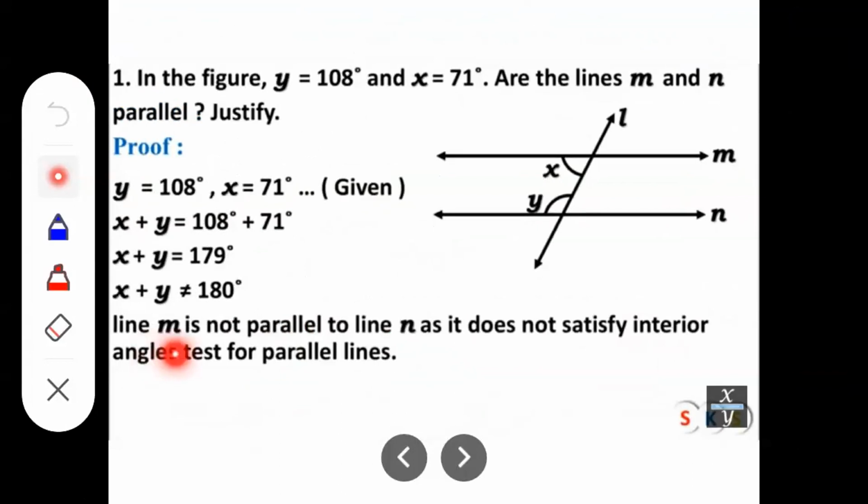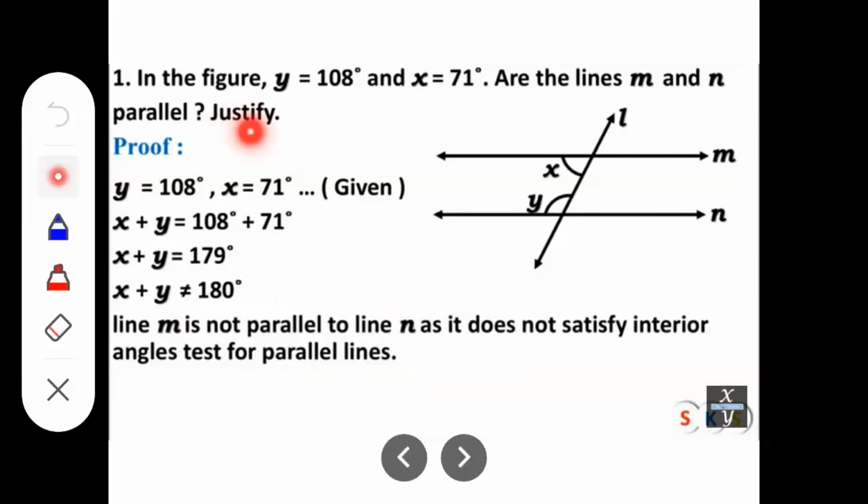So line M is not parallel to line N as it does not satisfy the interior angle test for parallel lines. Why is this statement needed here? Because we have to justify our answer. If we are saying yes, give justification. If we are saying no, give justification.